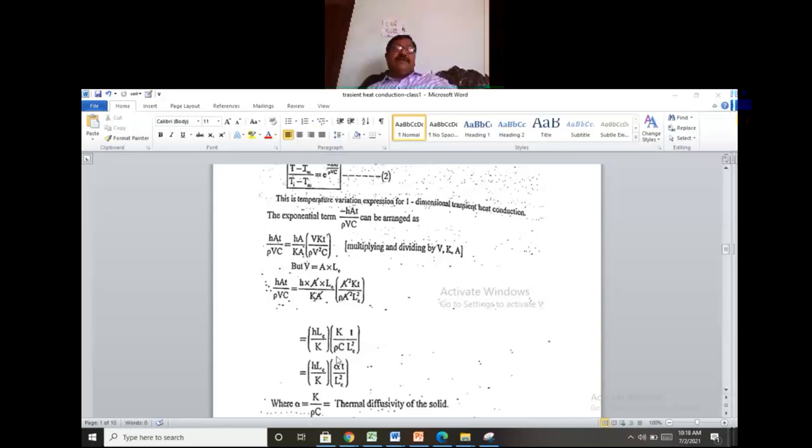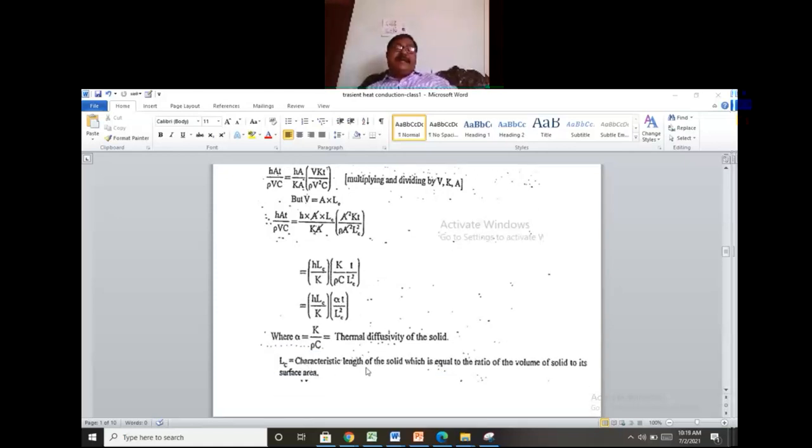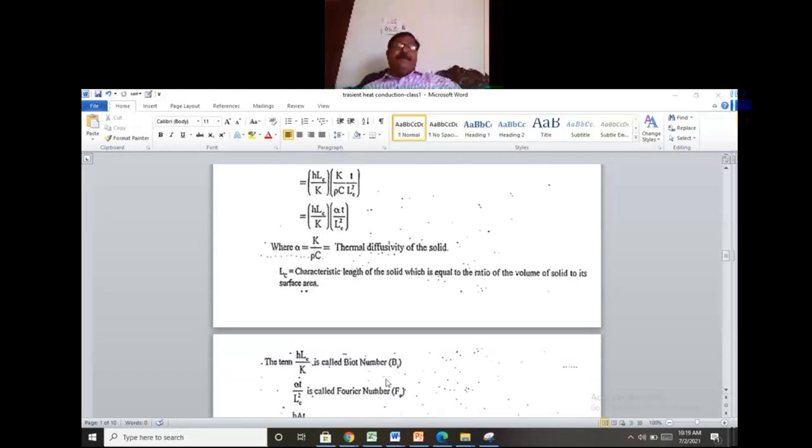k by rho c is nothing but the thermal diffusivity of the solid, alpha, divided by 1 by Lc square. Lc is the characteristic length of the solid, which is equal to the ratio of the volume of the solid to its surface area, V by A. The term hLc by k is called the Biot number, Bi.